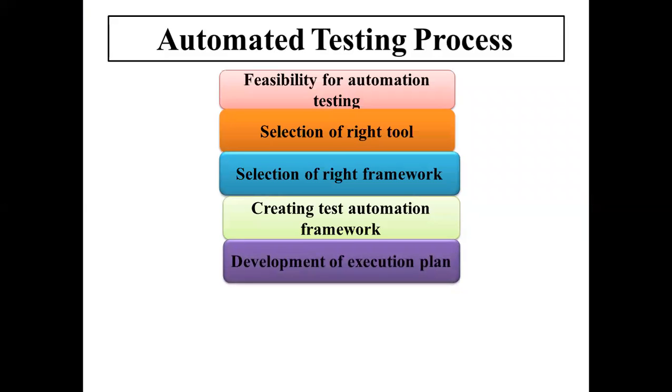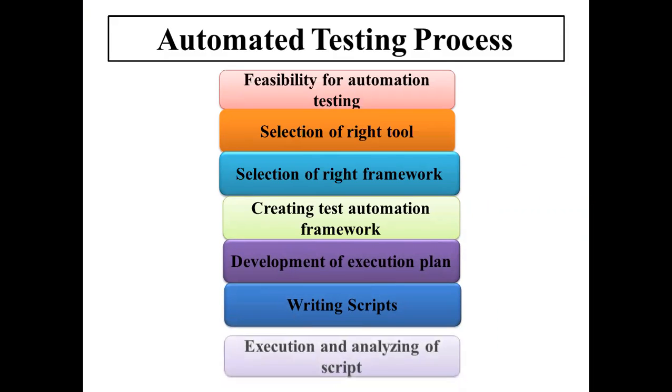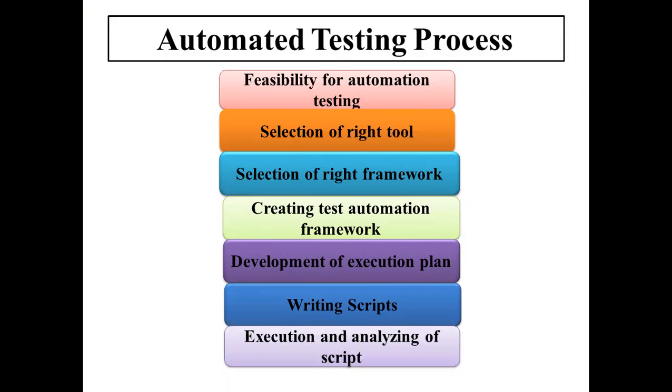Next is development of the execution plan. Next is writing script. We will write the test script over here. Execution and analyzing of the script. We will execute our script and make an analysis of it. So this is the process which we can follow in automation testing.